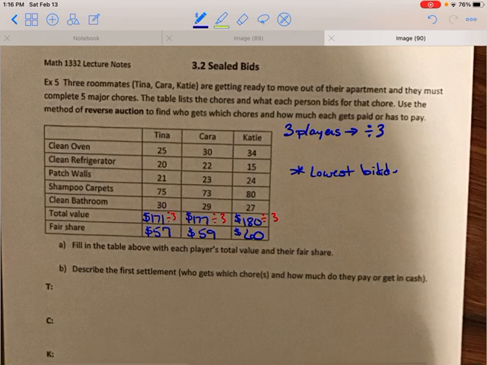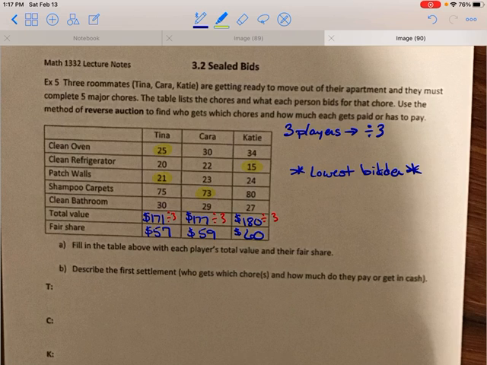Remember, one of the differences is in reverse auction, we give everything to the lowest bidder. That's one of your 2 changes with reverse auctions. So cleaning the oven, Tina's agreed to do that for $25. Cleaning the refrigerator, Katie's got the lowest at $15. Patching the walls, Tina's got for $21. Shampooing the carpets, Kara's got that for $73.